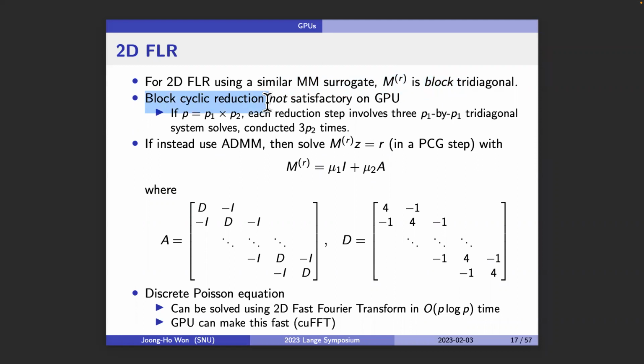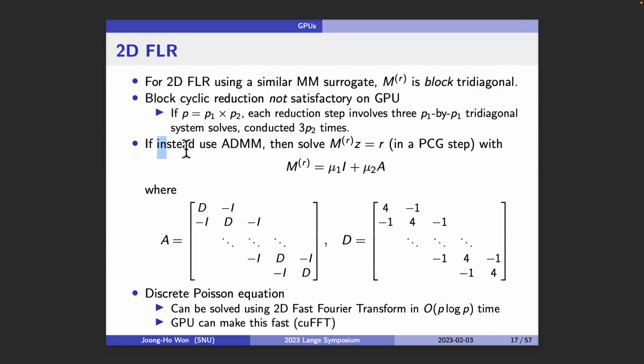But implementing that algorithm on GPU was not very practical. This was because every reduction step of the cyclic reduction involves three more tridiagonal system solves. So doing that in parallel was not very effective.